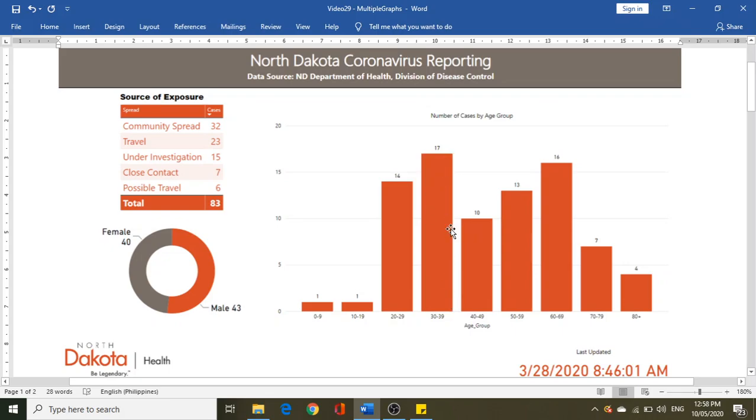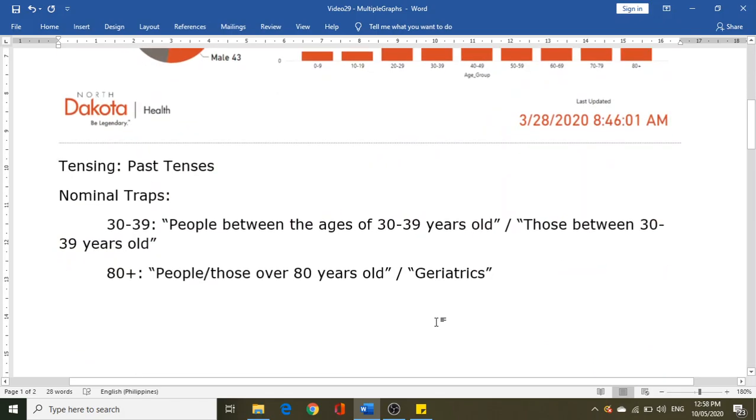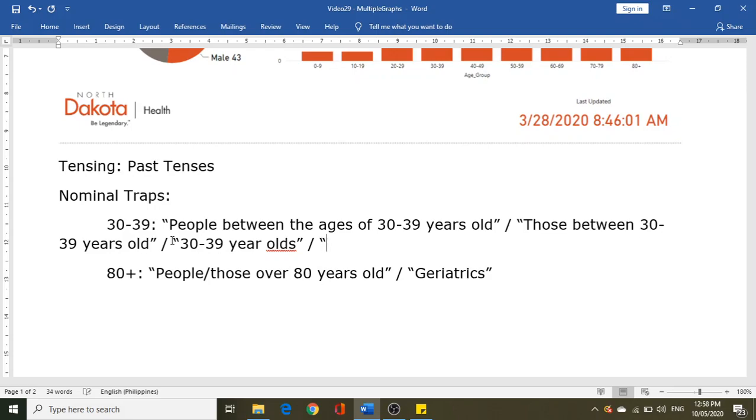So we can see that people between 30 to 39 years old, or maybe you can also say 30 to 39 year olds, something like that. That's also an acceptable nominal. 30 to 39 year olds, or middle aged people.